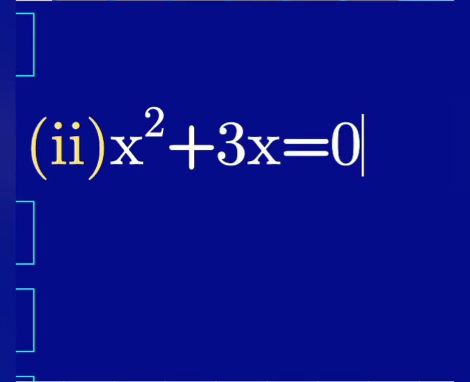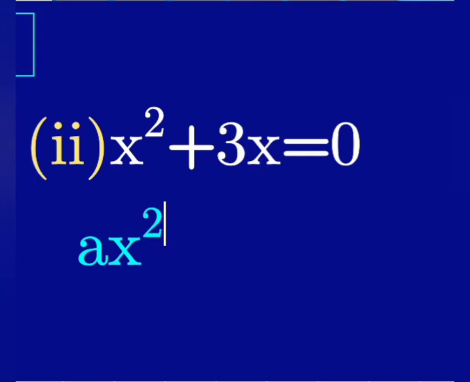Sum number 2, x squared plus 3x is equal to 0. This is another quadratic equation. Here also you have to find the sum of the roots and the product of the roots. Firstly, we write the general form of the quadratic equation, that is ax squared plus bx plus c is equal to 0.